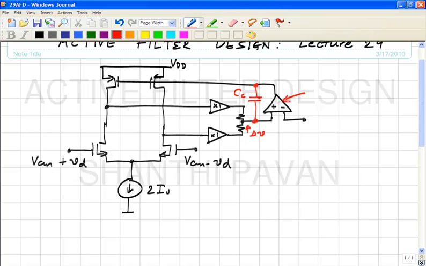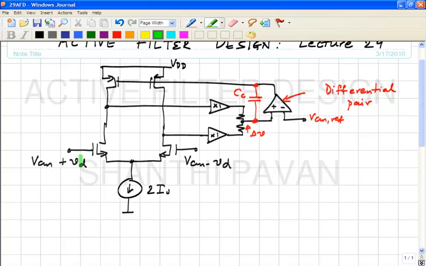The simplest thing you could do for this is use a differential pair whose output is VCM detected minus VCM reference times some gm. Now, let me ask you a question.